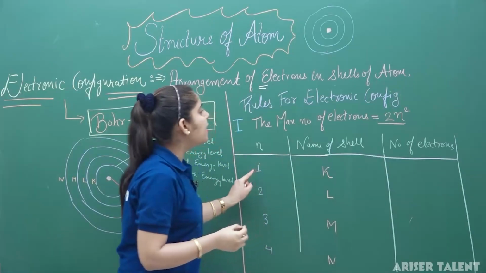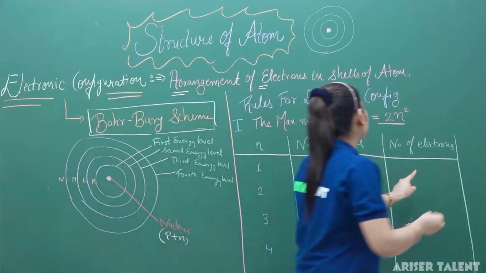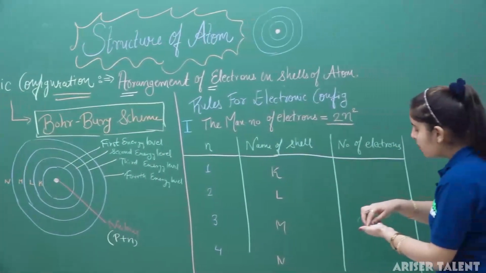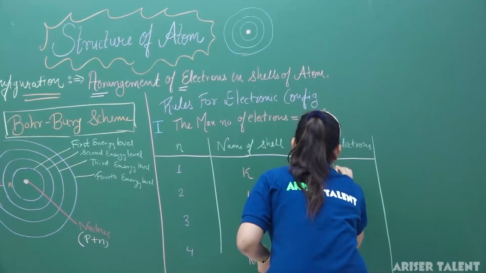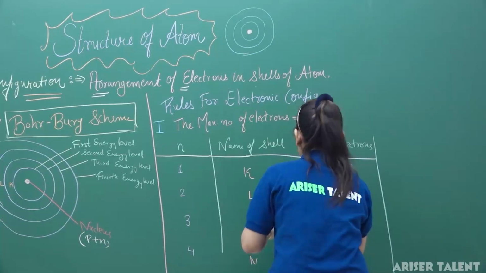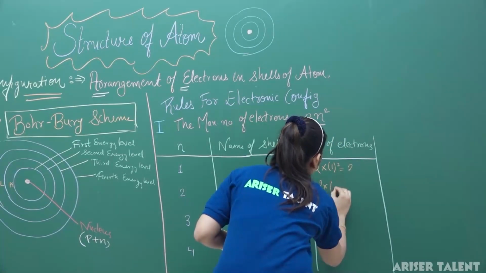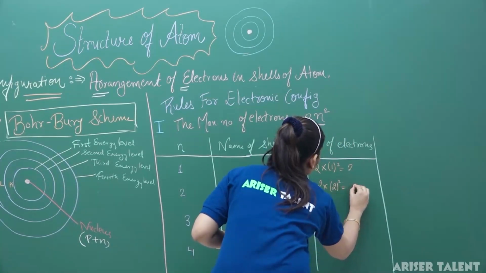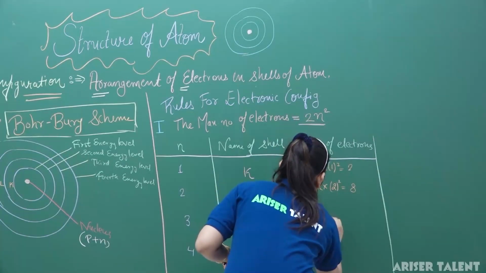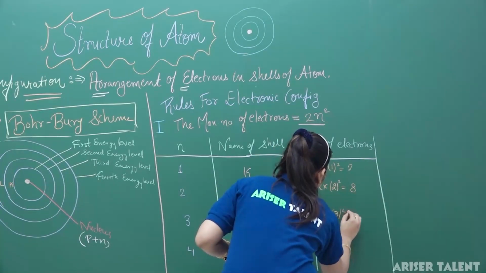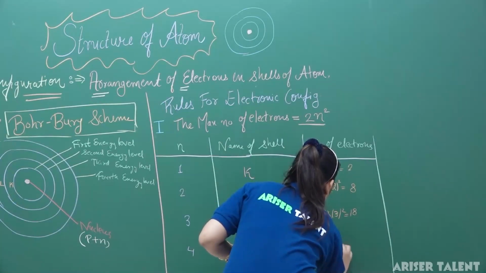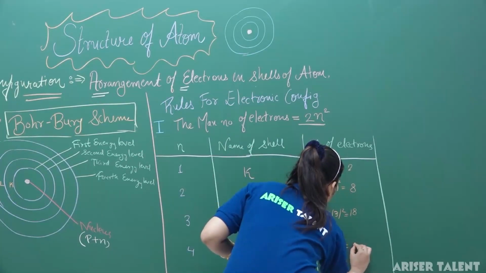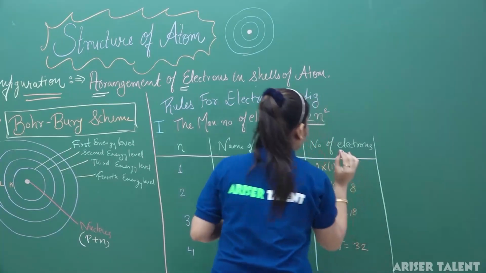So, substituting the value of n and calculating the number of electrons: 2 into 1 square equals 2. 2 into 2 square equals 8. 2 into 3 square equals 18. And 2 into 4 square equals 32.